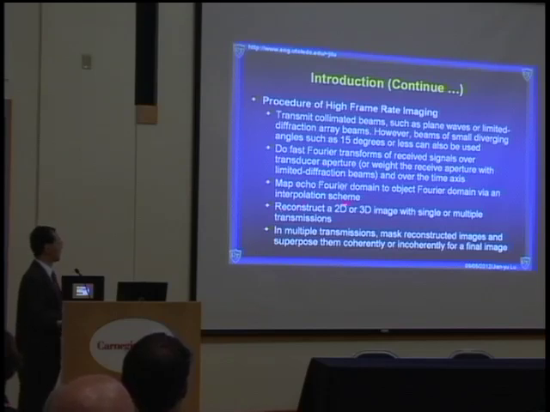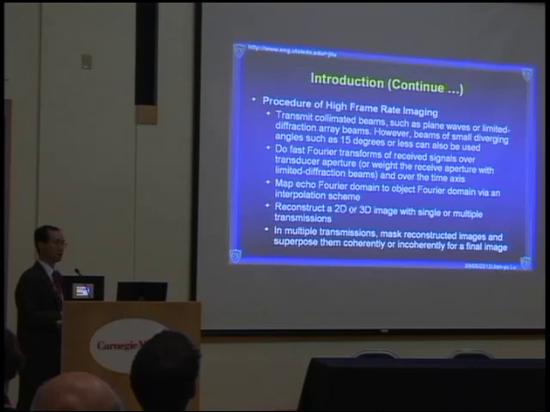And then you reconstruct a two-dimensional or three-dimensional image with a single or multiple transmissions using inverse Fourier transformation to reconstruct the object. Multiple transmissions means you can transmit multiple plane waves, multiple diverging waves, or multiple limited diffraction beams.